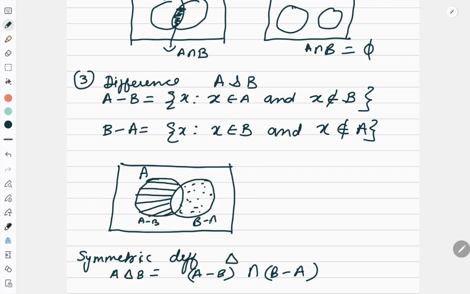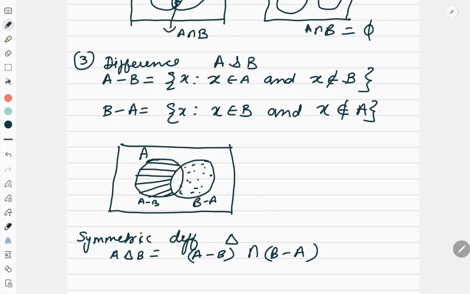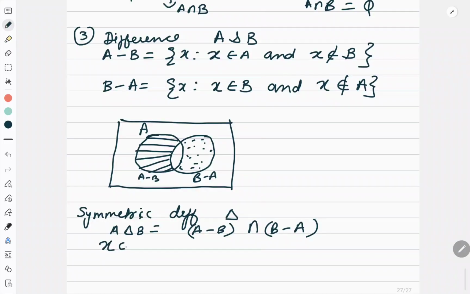Nothing is the intersection, right? So I can say basically that X belongs to A symmetric difference B implies X does not belong to A intersection B. Though it is not there in your NCERT, so there will be no questions on this. Just for the sake of telling, I told you.